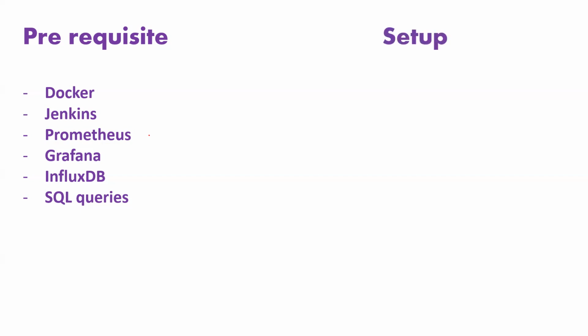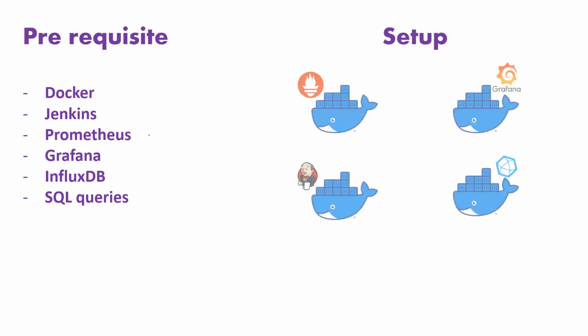The setup that I did in the previous video is that I created 4 Docker containers, where I hosted all the tools like Jenkins, InfluxDB, Prometheus, and Grafana. Once this was done, I installed the plugins in Jenkins, which are the InfluxDB plugin and the Prometheus plugin. Then I configured these plugins and established the connectivity between Jenkins, Prometheus and InfluxDB.